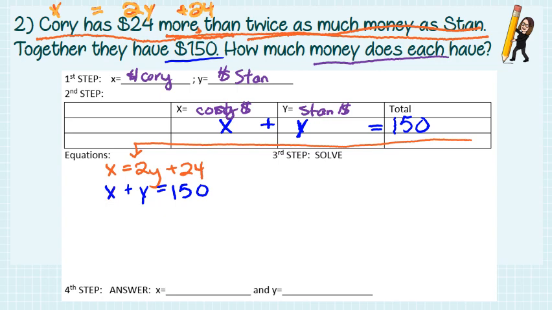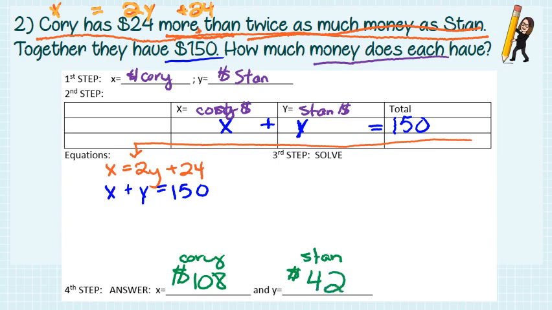All right, so let's take a look. My totals with their labels should be the following. X, or Cory's amount of money, should be $108. That'd be Cory. Make sure you label that. And then Stan's amount of money should be $42.